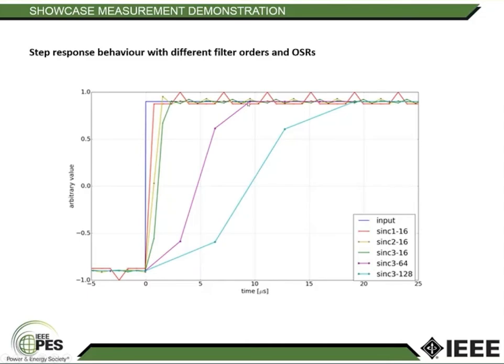But again, the overshooting behavior of the higher oversampling rates is a lot more accurate. As we don't have the zoom window in this picture here, you can hardly see any overshooting behavior with the sinc 3 64, the purple line. And the turquoise line is actually perfectly in line here already. You would see a little bit when you zoomed in on that.